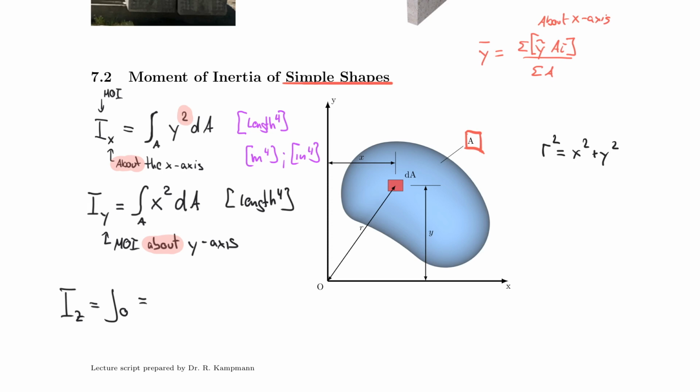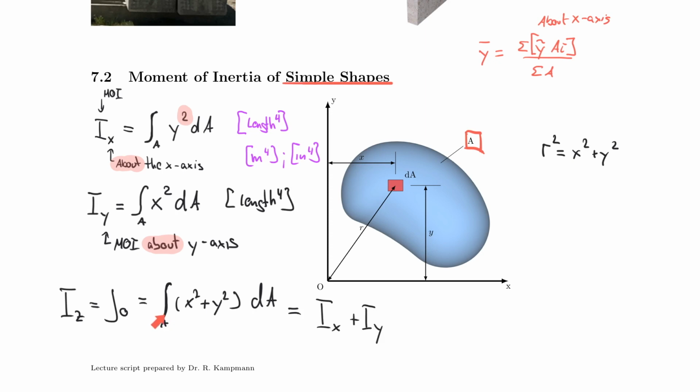And therefore, you can say that your integral now needs to be x squared plus y squared dA. But because of this relationship, you might as well calculate it directly. It's actually not an integration anymore, just summing up Ix and Iy. So nothing could be simpler.